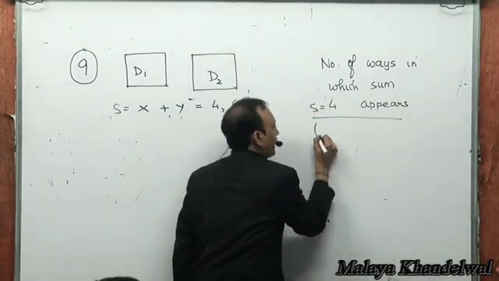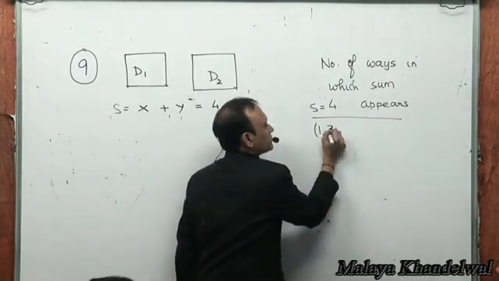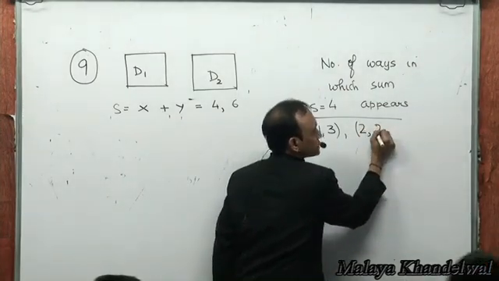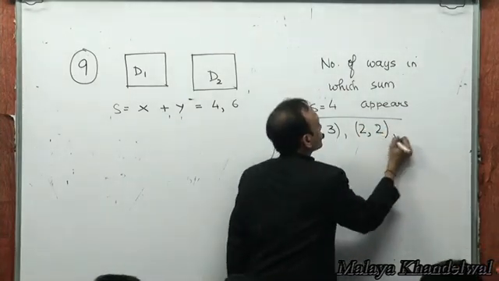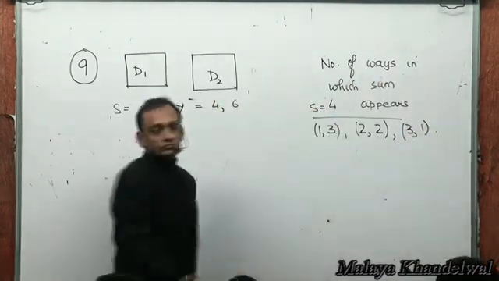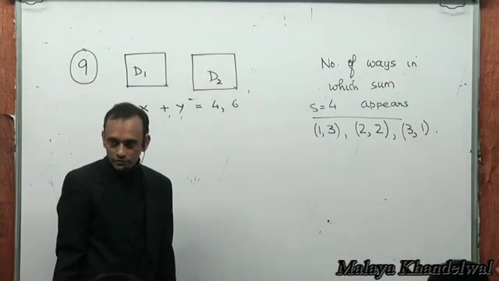So I could have had first die giving me 1, second die giving me 3, first die 2, second die 2, 3, 1. Yes or no? There are only 3 ways in which 4 would appear.